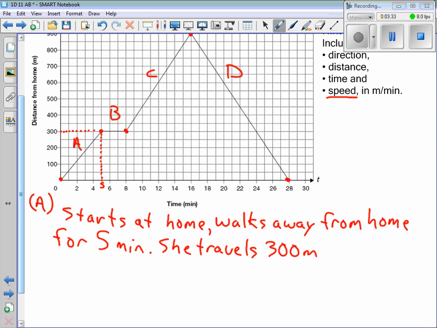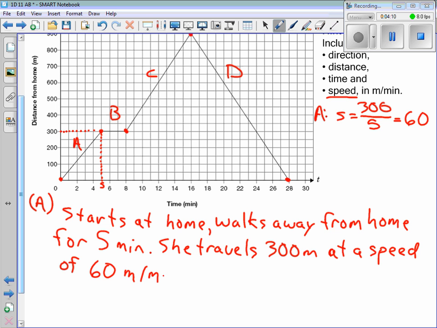There's our distance, at a speed of, and over here we're going to calculate her speed. For section A, S equals the distance traveled divided by the time. Her distance is 300, her time is 5, so we do 300 divided by 5. Punch this into our calculator, we get 60. So she's traveling at a speed of 60 meters per minute. And there we go, we're done with section A.